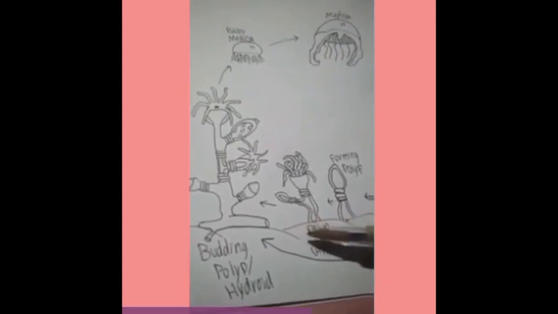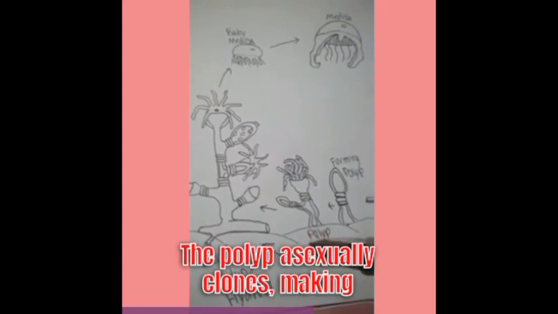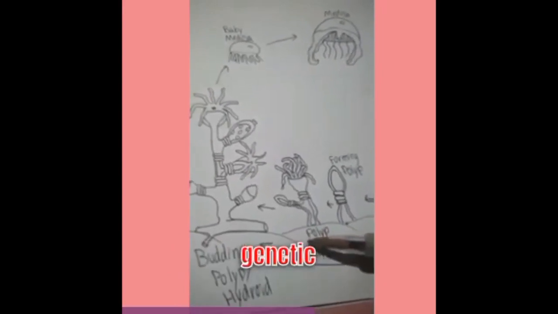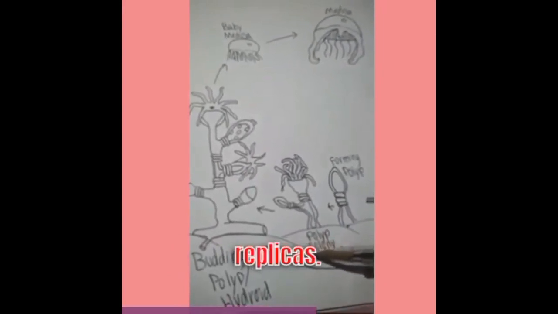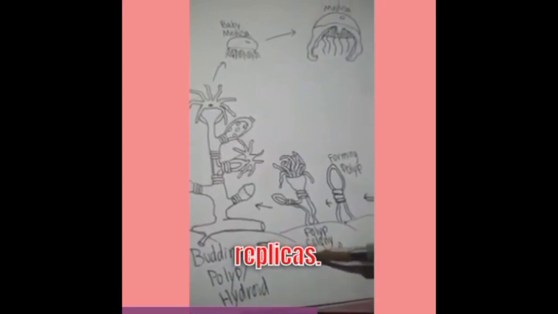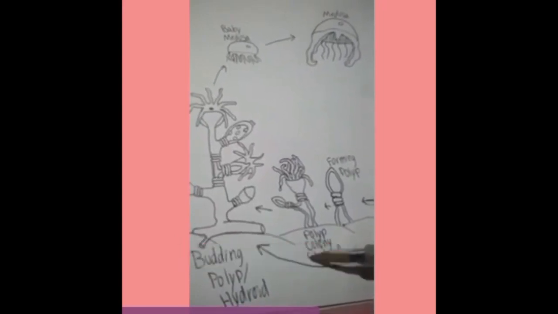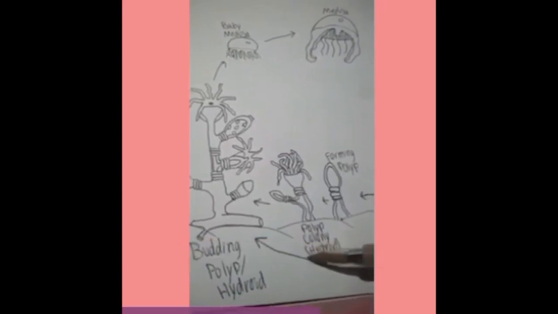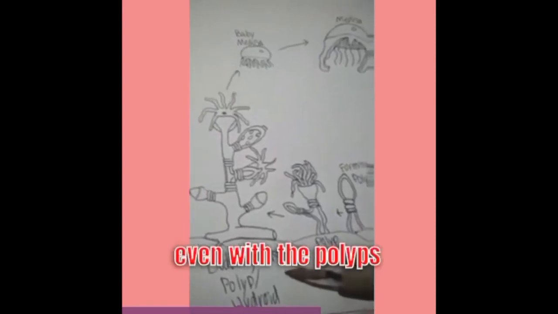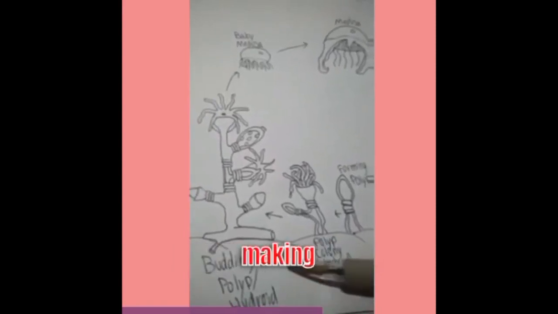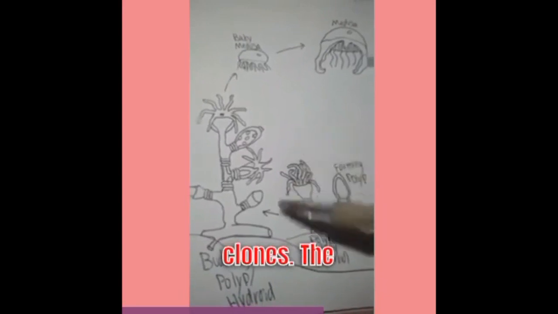The polyp asexually clones, making genetic replicas. Nothing is exact, as you should know, even with the polyps making clones.